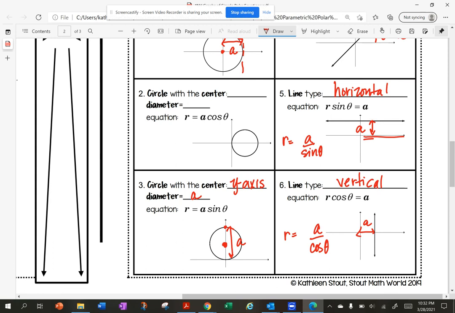So when I have a circle with the center on the x-axis, the diameter is A. So here's the center of my circle, that's what I'm interested in, and A is here to here. Okay, that's it.